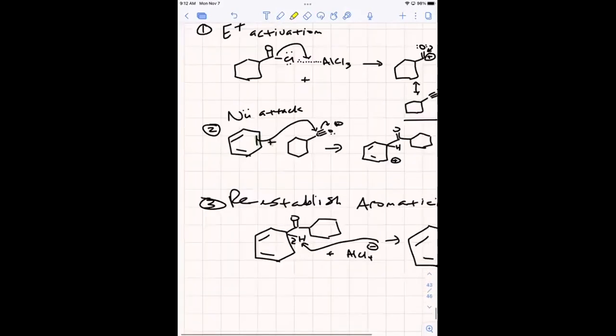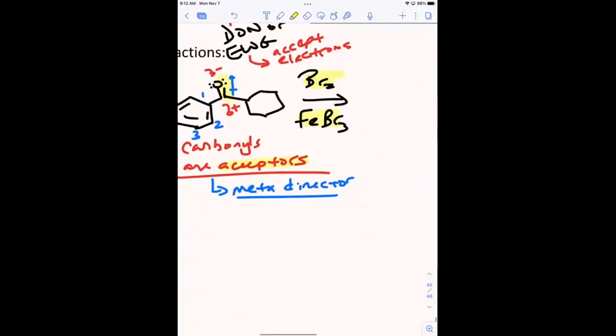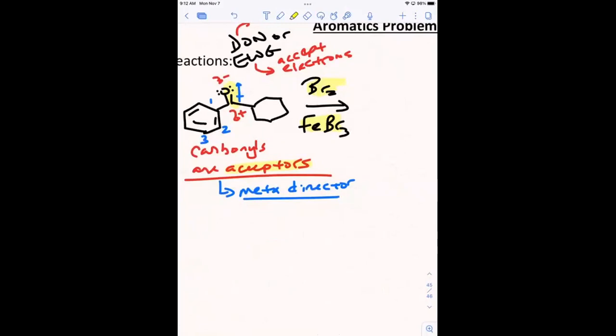So let's go back. The thing is, when the ring is already substituted, the halogen has to go where the substituent tells it. That's why I'm making so much hay about whether or not the carbonyl is a donor or an acceptor, because that's going to dictate where the bromine goes in this next reaction.